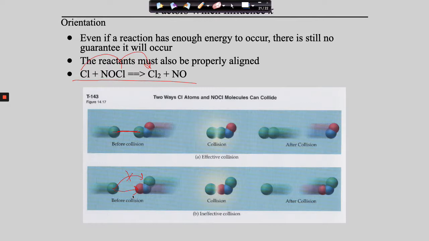What a heterogeneous catalyst will do is grab a hold of this reactant and grab a hold of this reactant, and turn them so that their alignment is proper, so that they can then collide effectively. That's literally what heterogeneous catalysts do: they grab a hold of reactants and turn them such that alignments are proper, increasing the likelihood that the reactions will be effective.